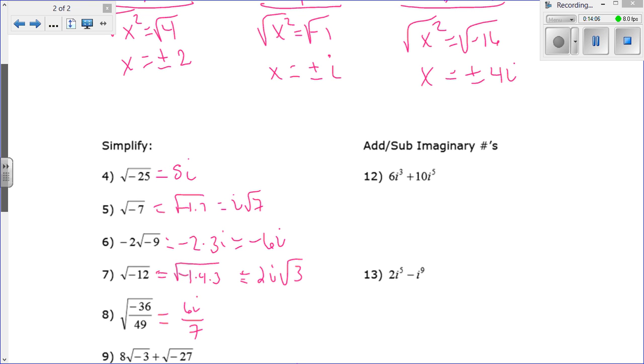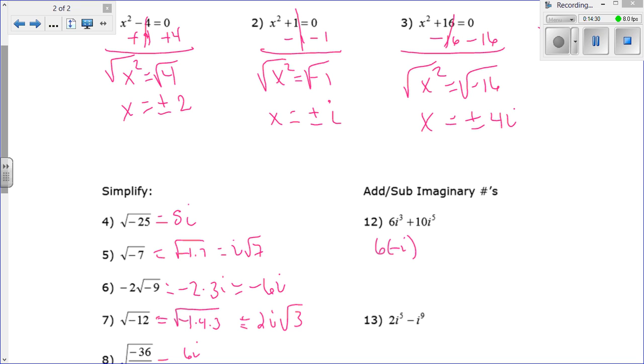Adding and subtracting imaginary numbers, we cannot add unless we have like terms. I have i to the 6th, i to the 5th. They're not like terms, so we need to simplify them just like we were doing on the front. i to the 3rd is equivalent to, if you look back, you'll see that it is negative i. Or we can draw our clock here. 1, i, negative 1, negative i: i to the 0, i to the 1st, i to the 2nd, i to the 3rd.